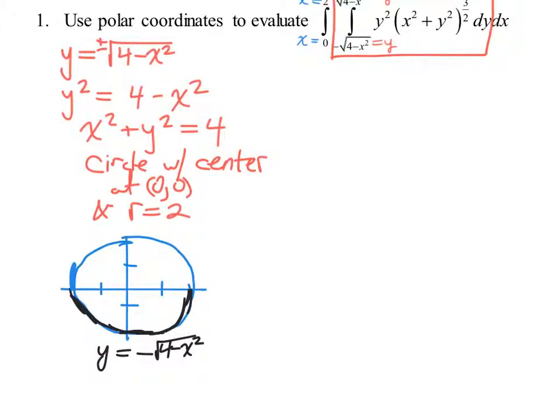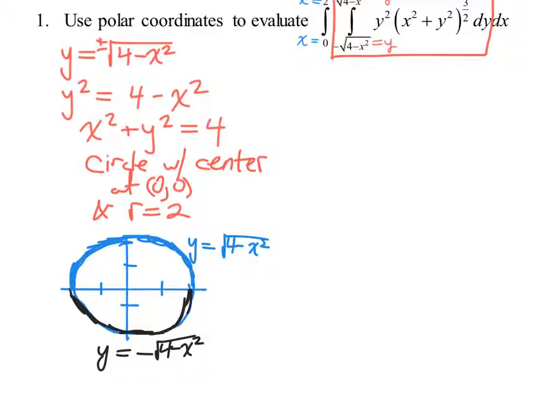And then the top part, I'll just bold that. That's y equals the positive square root of 4 minus x squared. All right. So it's telling me that I'm accounting for all y values between this bound and this bound. So from bottom to top. All right, that's easy enough.